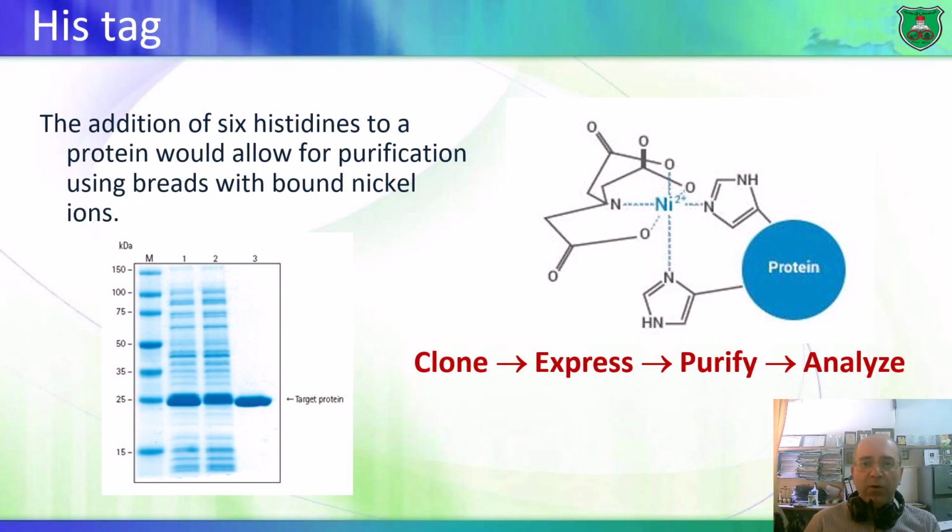So here's how we can purify and detect a protein that is tagged with histidine. So we have our protein with the 6-histidine amino acids as part of the protein. And this protein is highly expressed in bacterial cells. So this is gel electrophoresis for all proteins.